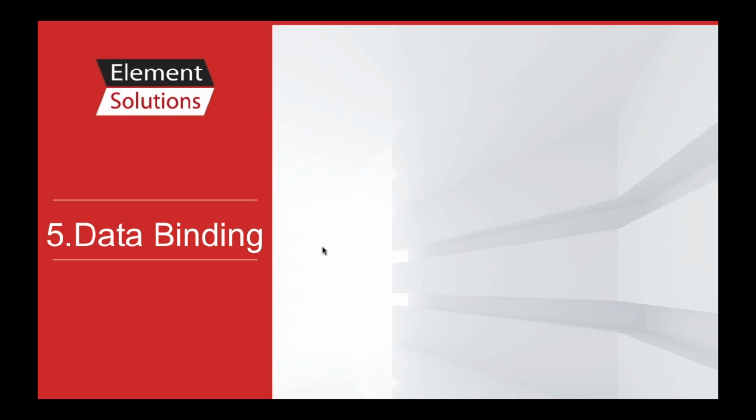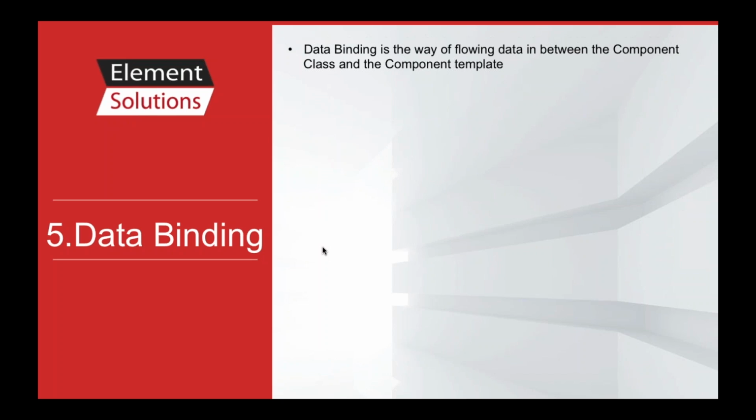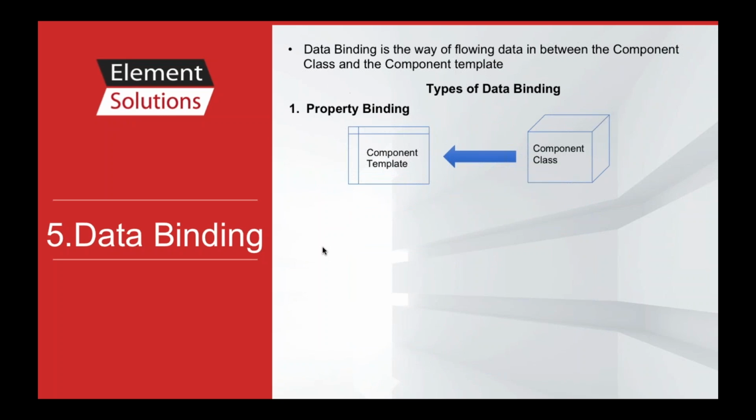If I have a property in the component class and I want to show that property value on the HTML template, this is called data binding. There are different ways of doing that. We can classify them into three types: property binding, event binding, and two-way binding.